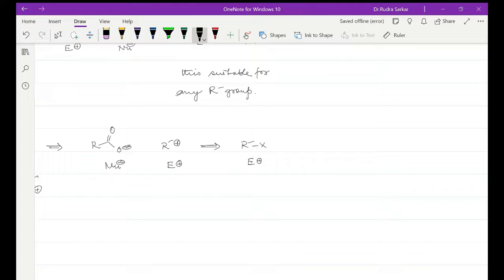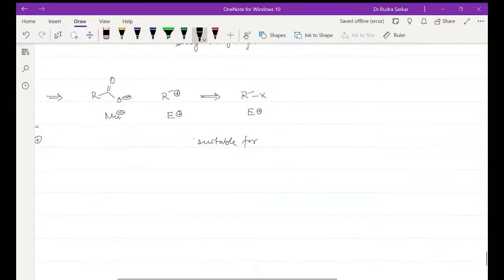And the key point about this reaction is that it is suitable for unhindered R prime X only.